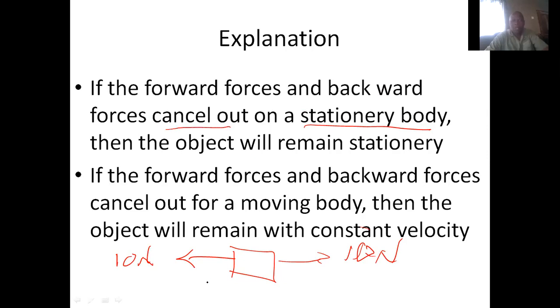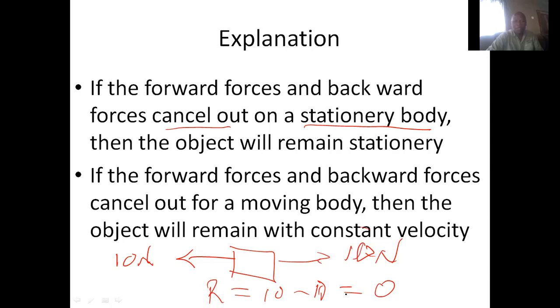Because when you get the resultant, it will be 10 minus 10, which is 0. The other explanation is that if the forward forces and backward forces cancel out for a moving body, then the object will remain with that constant velocity.